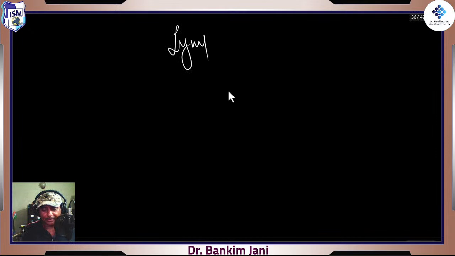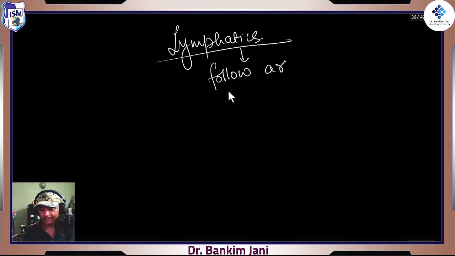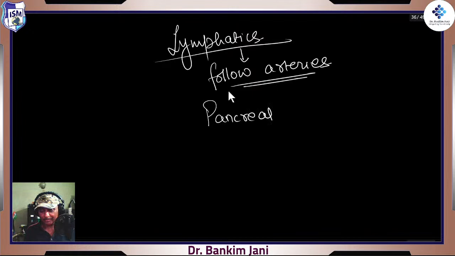Regarding the lymphatics, they are so simple. Just in one word, they solved all the problem: follow arteries. Follow arteries. What a big relief, right? So these lymphatics are like pancreatico-splenic nodes.